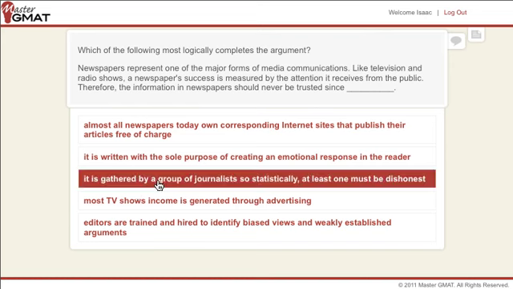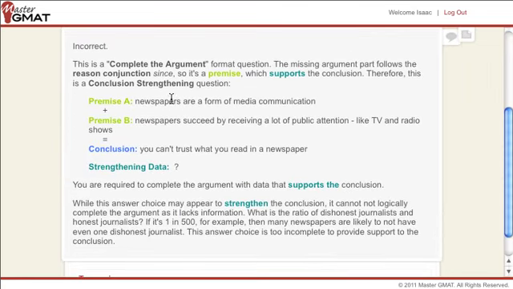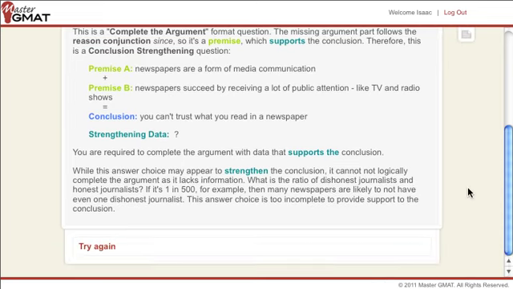C. It is gathered by a group of journalists, so statistically at least one must be dishonest. Well, let's say it's 1 out of 1,000 or 1 out of 100,000 journalists who's dishonest. Does that make newspapers in general untrustworthy? Not really. Now, by the way, if you're a little confused by it, you can click on that answer choice, and you get a nice little explanation that breaks down the argument properly.